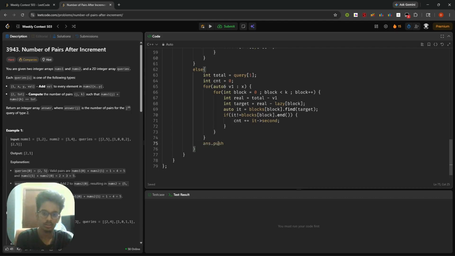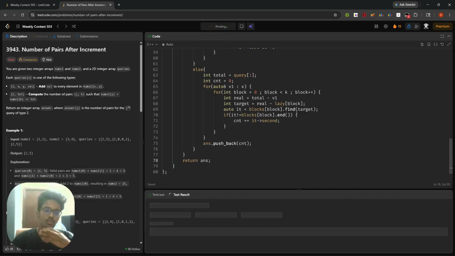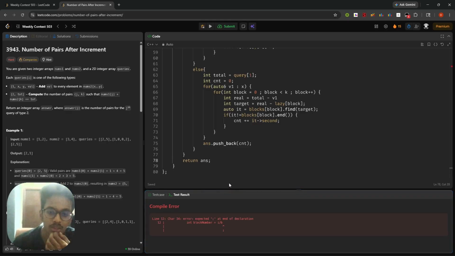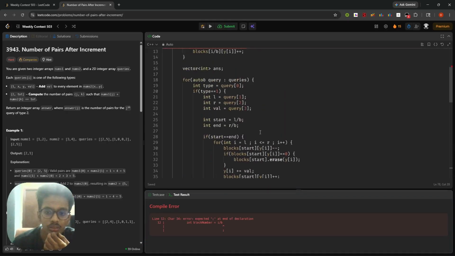Answer dot push_back, and you need to push back this count. Fine. And finally return answer. Missing semicolon, block number, where is it?